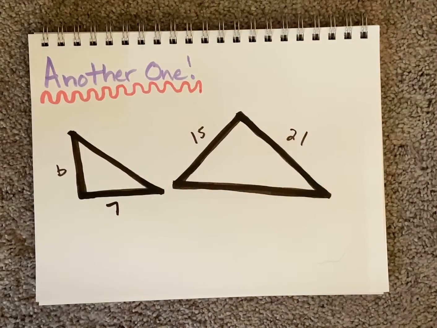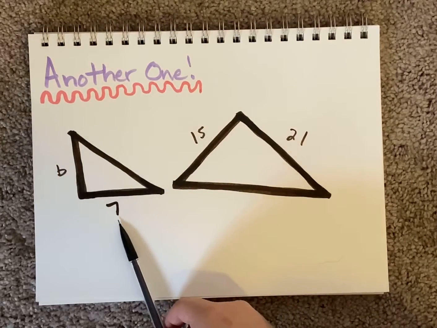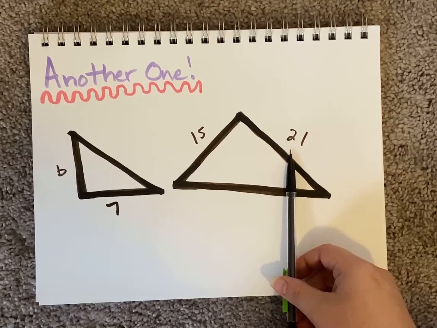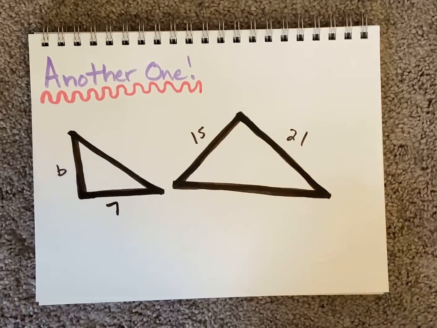Let's do another one. So for this example, we have two triangles that are different sizes but are proportional and similar. So for this first triangle, we have side 7 that corresponds to side 21 on the other triangle, and side B that corresponds to 15 on the other triangle.